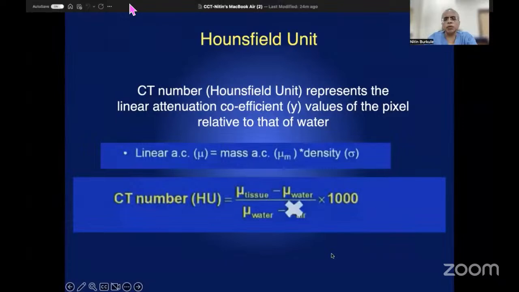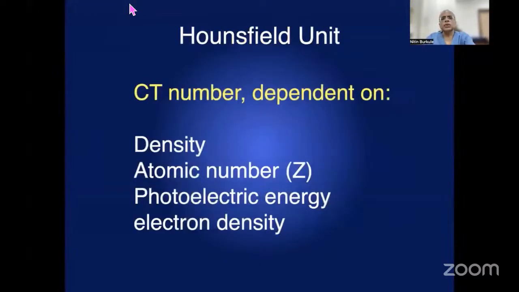Water is given a Hounsfield unit of 0. So you can have Hounsfield unit values above the water or less than the water. This CT number or Hounsfield unit of the different tissues depends upon the density of the tissue, like bone will have very high density, the atomic number of the molecules which constitute that tissue, the photoelectric energy, and the electron density.